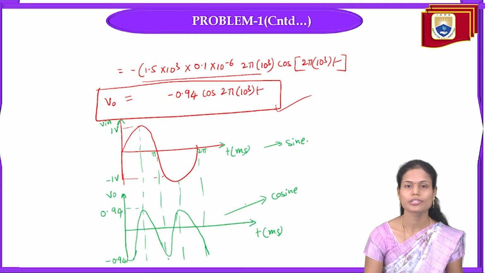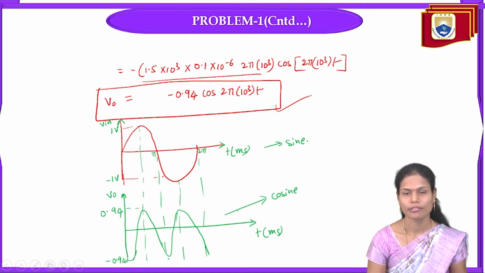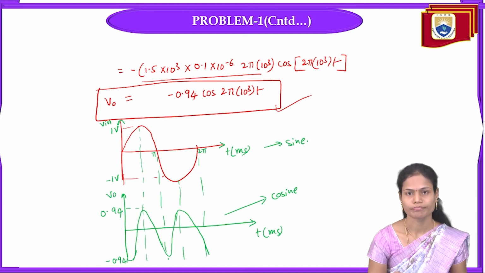So for the differentiator circuit, if we apply the input as a sinusoidal signal, we get the output as a cosinusoidal signal. And if you observe here, the maximum voltage in the input signal we have given is 1 volt, but here we are getting 0.94. So some amount of amplitude is decreasing here, but the frequency is the same. Both the input as well as output signals are varying with the same frequency, that is 1000 Hz.